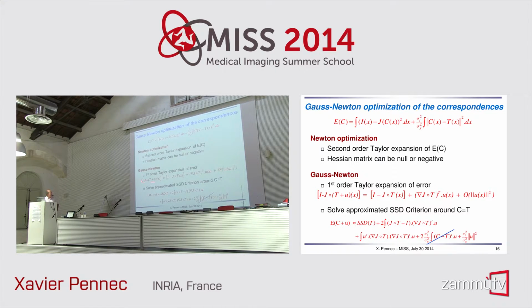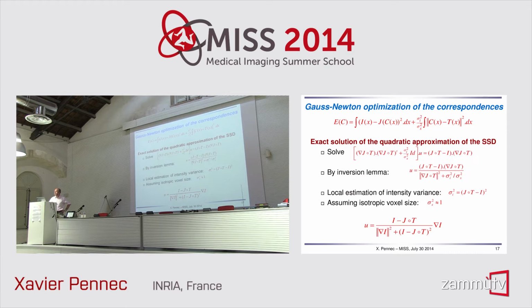Now, if we put this approximation into this criterion, the criterion can be rewritten that way. And now if we optimize around the correspondences, which is close to the transformation, this term is 0. And we end up with this equation to solve. And if we gather all the terms together, this is the system that we have to solve.